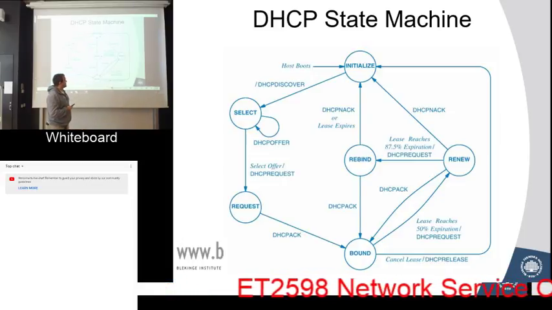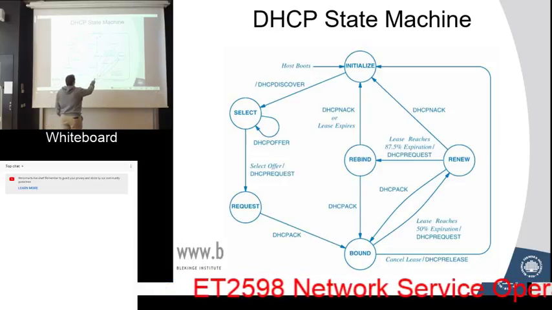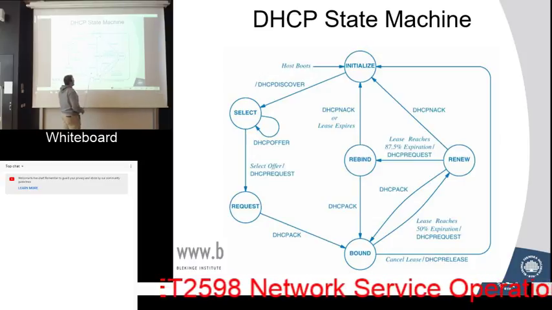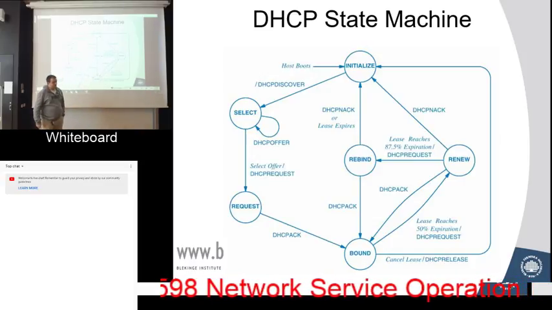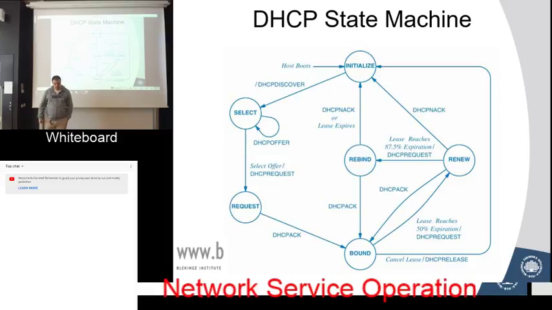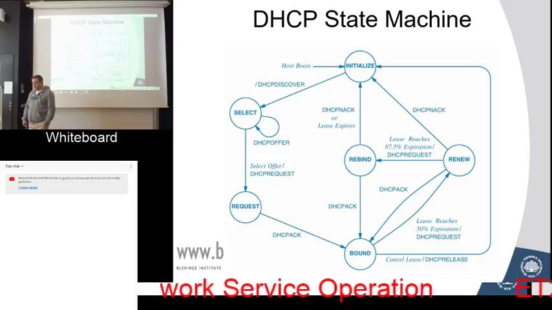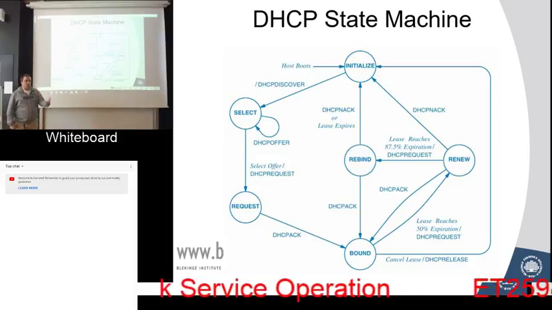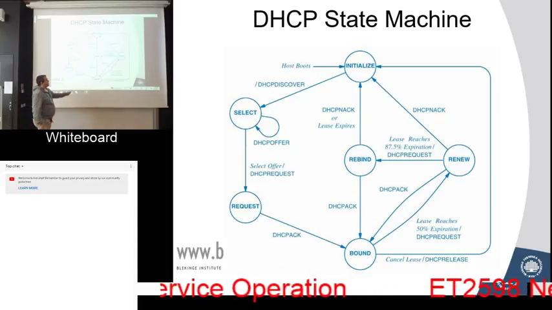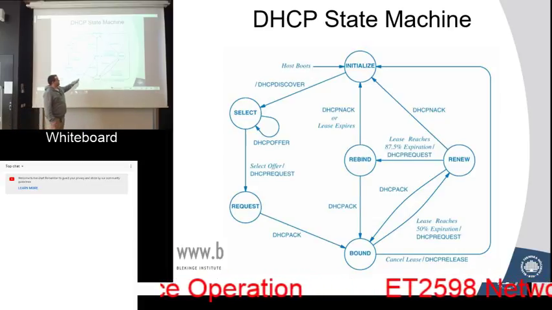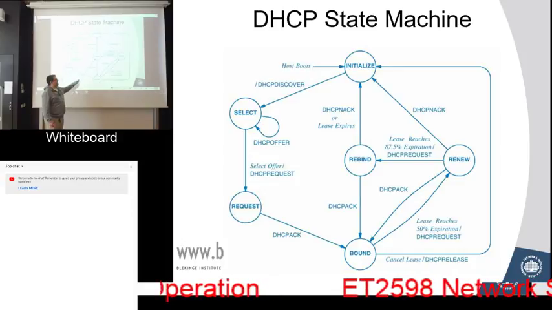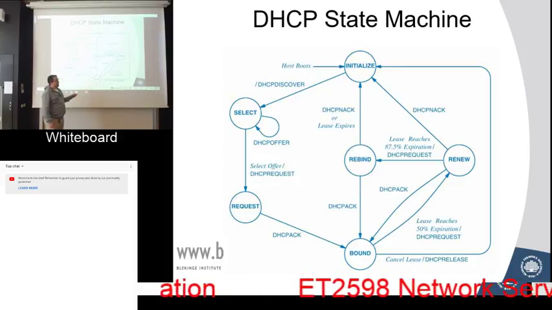Another 25%. You send the request again to the server, and if the server at that point in time grants the request, you rebind it, and then you get an acknowledgement that you drop down here.